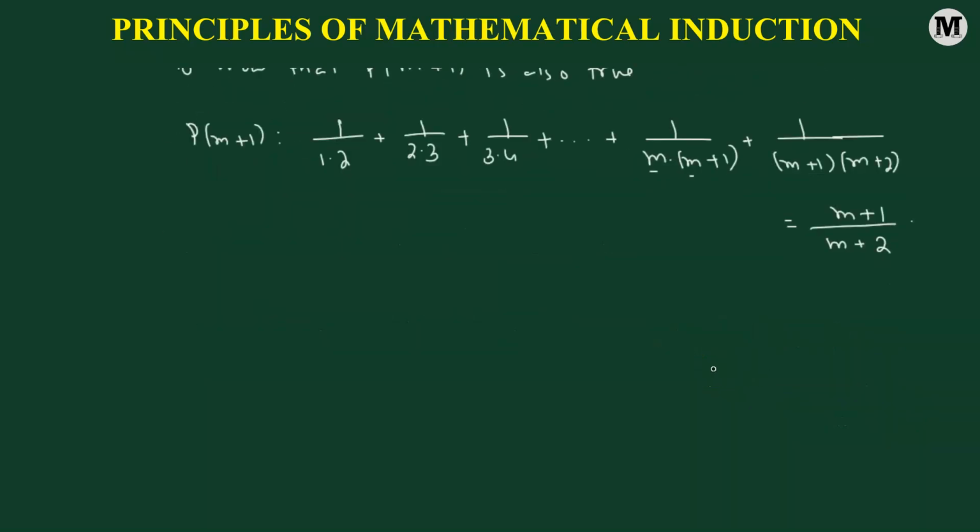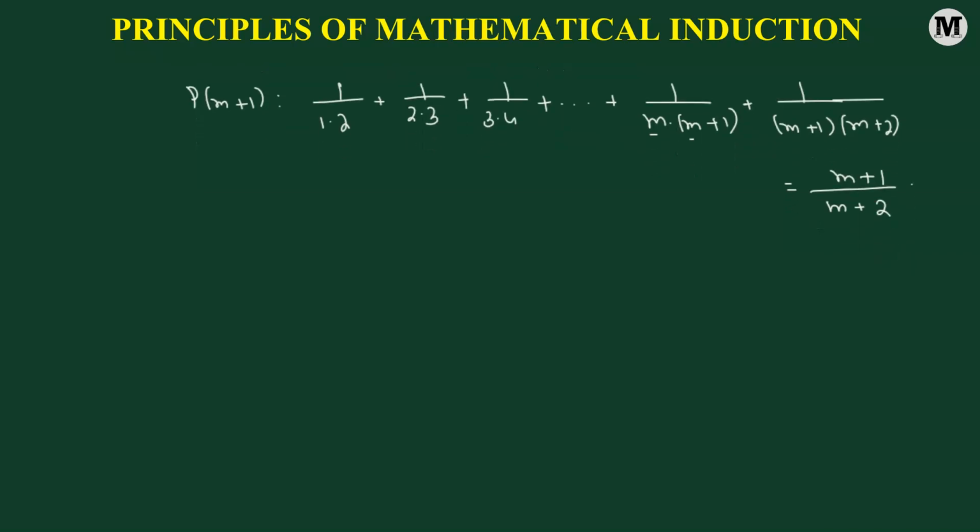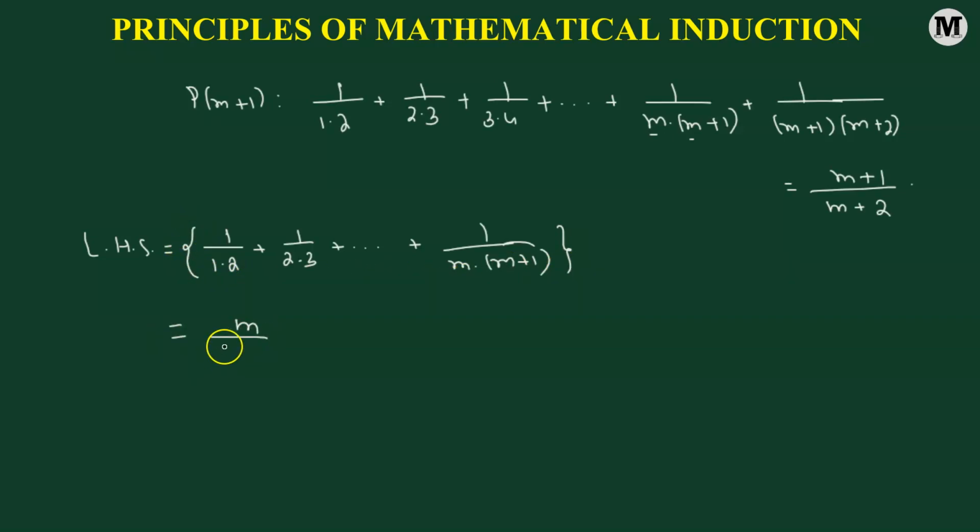Now how do we show that this statement is true? Here we will start from the left hand side. On the left hand side, we have 1 over 1 times 2, added to 1 over 2 times 3, going all the way up to the second last term, which is 1 over m times m plus 1. Now we are going to replace this entire expression with m over m plus 1.